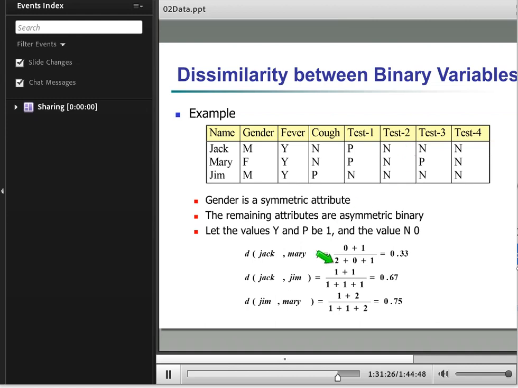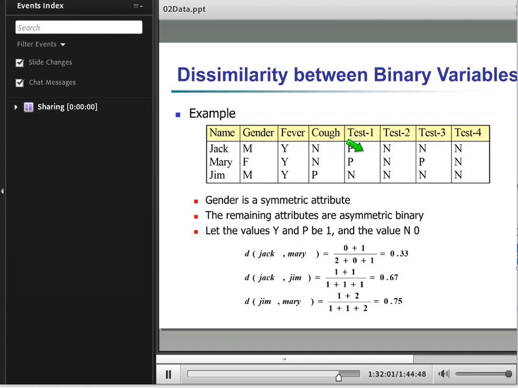So in the denominator, I will put 3. 1 divided by 3 is 0.33.